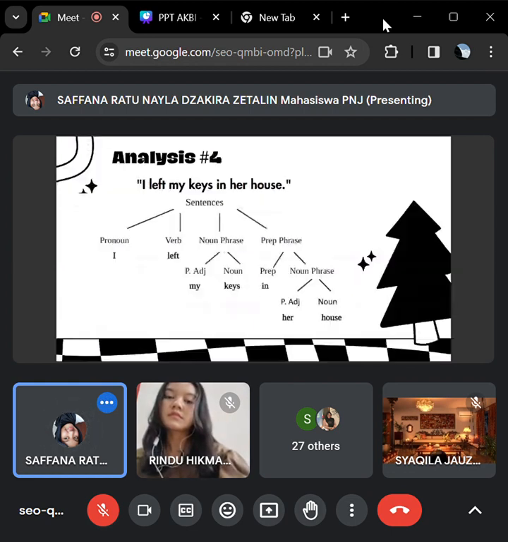Analysis four. "I left my case in her house." I is a pronoun, left is a verb, my case is a noun phrase because my is a possessive adjective and case is a noun. In her house is a prepositional phrase because in is a preposition, her house is a noun phrase because her is a possessive adjective and house is a noun.